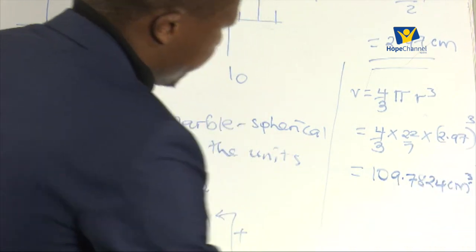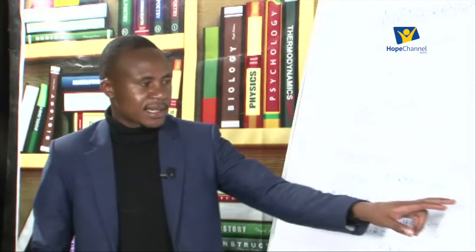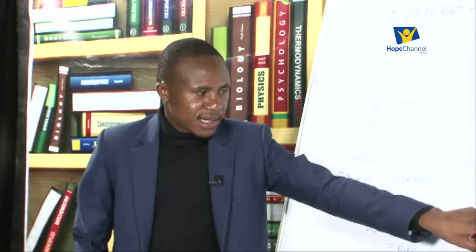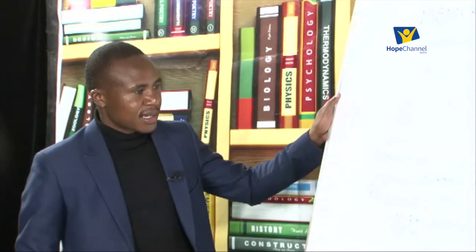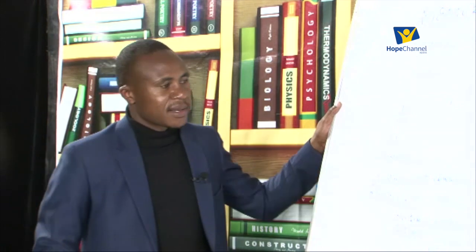Now again, if it was in an examination, you may be required to express that answer to one significant figure, two significant figures, three significant figures, or in standard form, or to a given number of decimal places. That takes you back to what we started with in this topic, because we already discussed the significant figures, the decimal places, and the standard form.